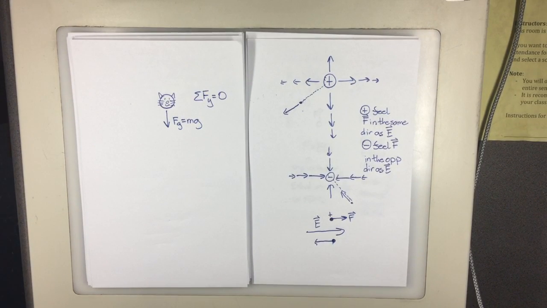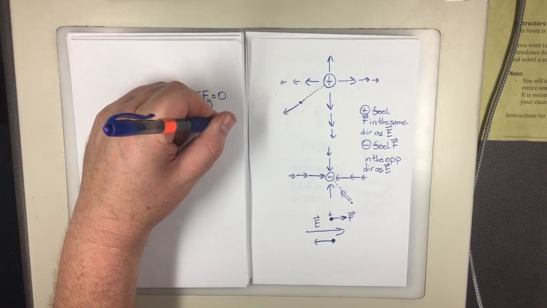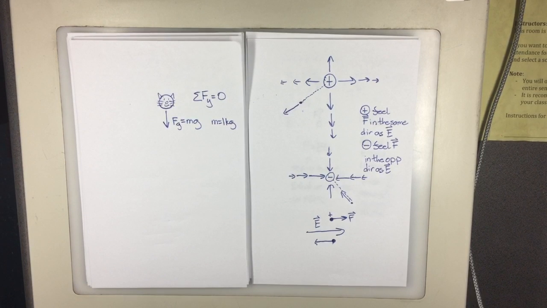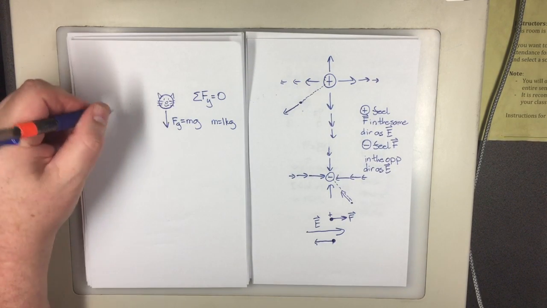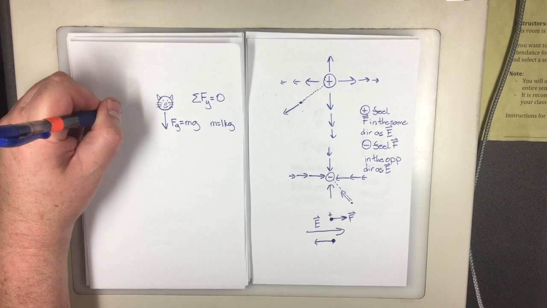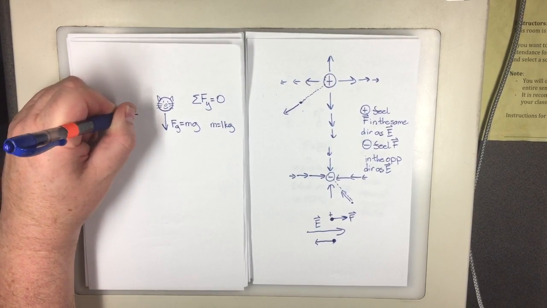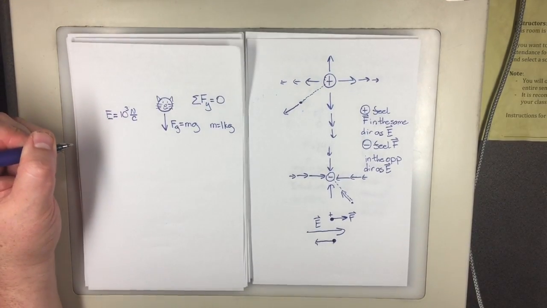Now, a couple of questions. We have a kitten, 1 kilogram. So we have a 1 kilogram cat, or kitten, suspended in the air. Now the question that I have for you is, I'll give you the electric field strength to be 1,000 newtons per coulomb.